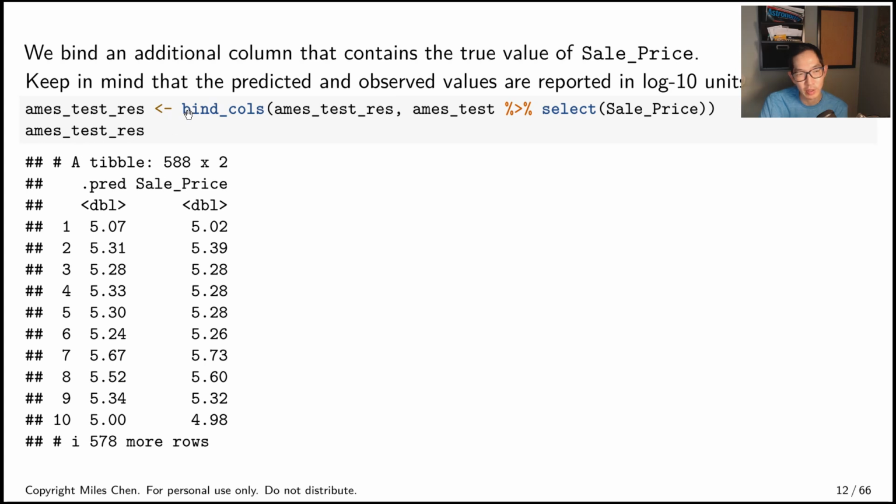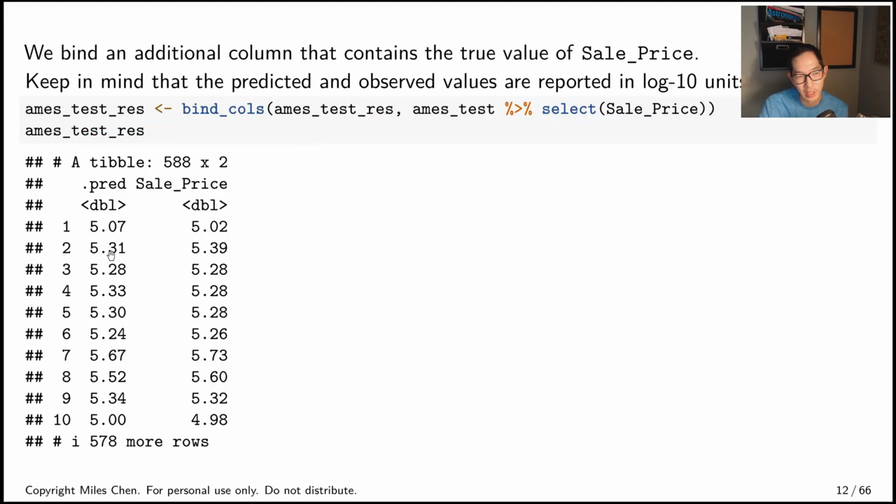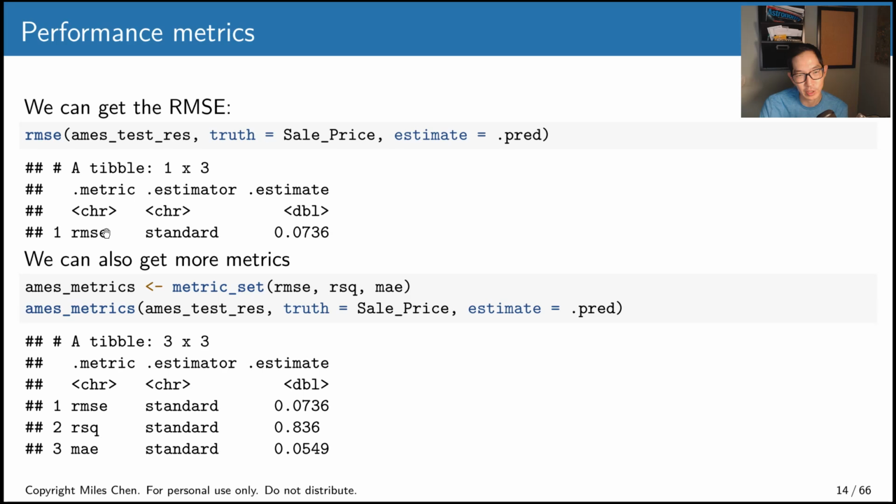Remember, we've built up Ames test results as a tibble with two columns, and the rmse function takes in two arguments: the truth, which is the actual value, sale price, and then our prediction is going to be the estimate, which is our column .pred. And when you do that, you measure the RMSE and you get 0.0736.